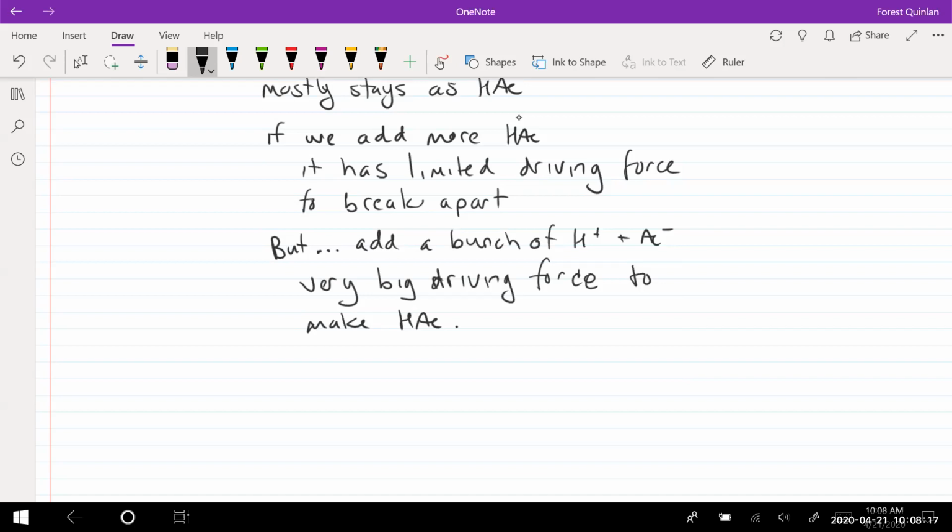to put a whole bunch of HCl and sodium acetate into this container and let them just swim around as H's and Ac minuses, if that's what you want to see, that ain't going to happen. Because thermodynamics says, equilibrium says, it would rather get together and go back to make HAc. If, however, you said, hey, I want to put these two things in there and watch them make the HAc, then you'd be like, oh, well, totally.